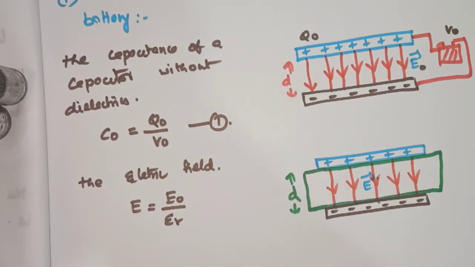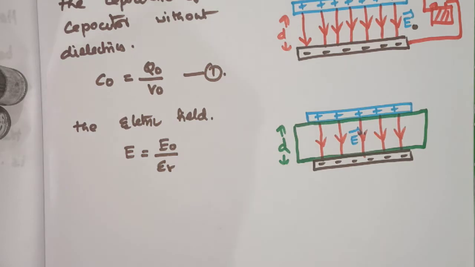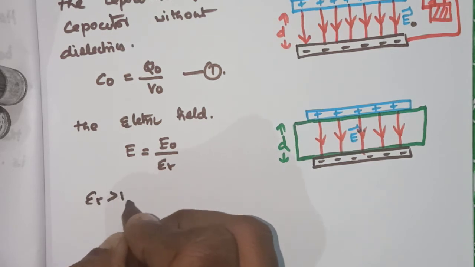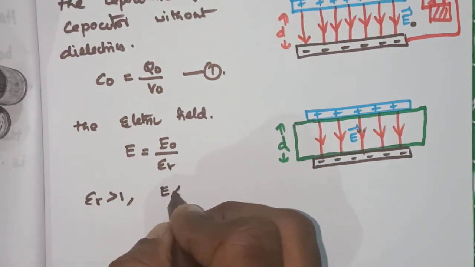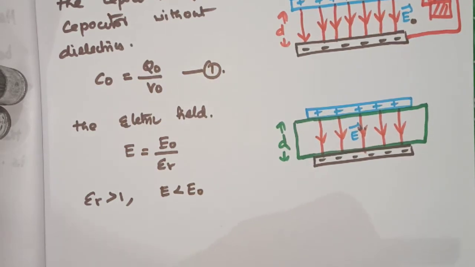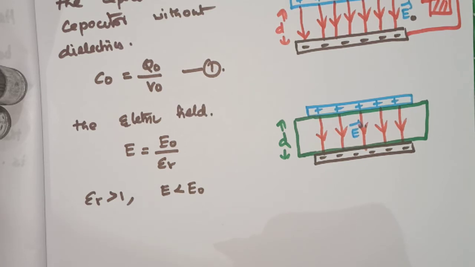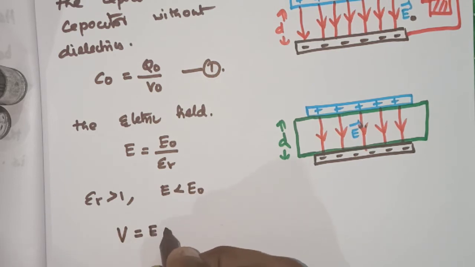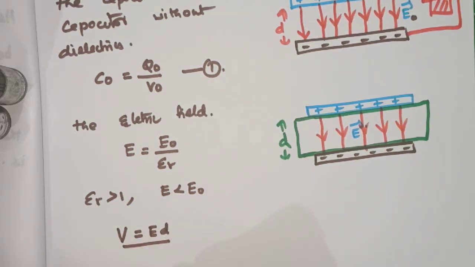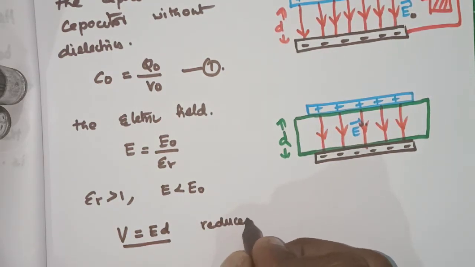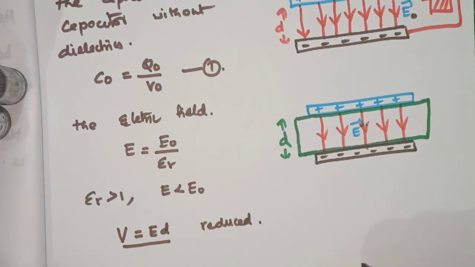So suppose epsilon r greater than 1, the electric field E is less than E0. The result of this conclusion, electrostatic potential difference between the plates, we can write V equal to ED. Okay, it should be reduced. At the same time the charge Q0 will remain constant.